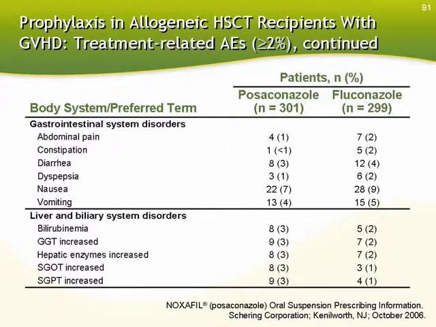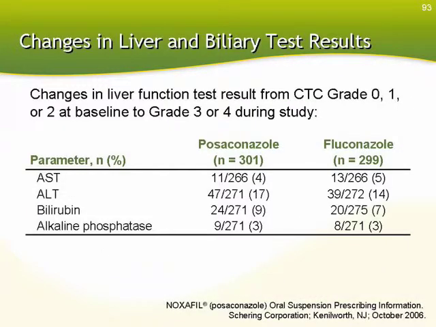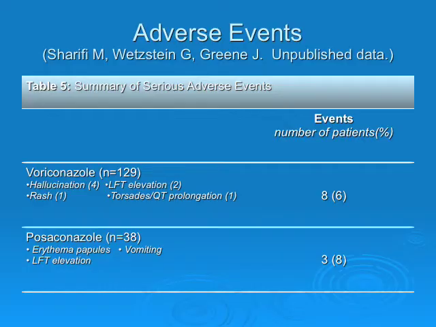Taste disturbances, nausea, dyspepsia tend to be among the more common that you encounter. Certainly, you can see LFT abnormalities with both drugs. And this is just some data on some of the more severe cases, where it's something we need to monitor with posaconazole, it looks fairly comparable to fluconazole in most of these studies.